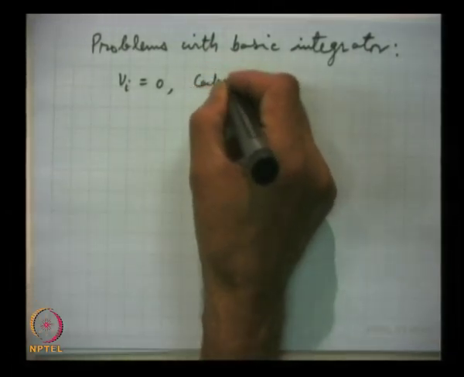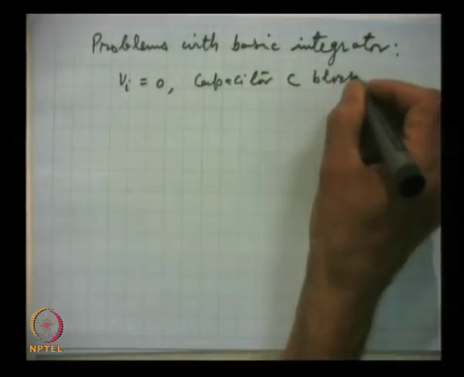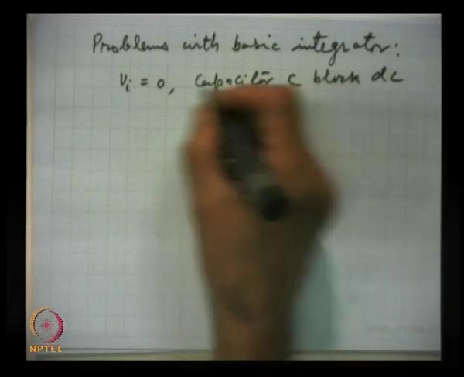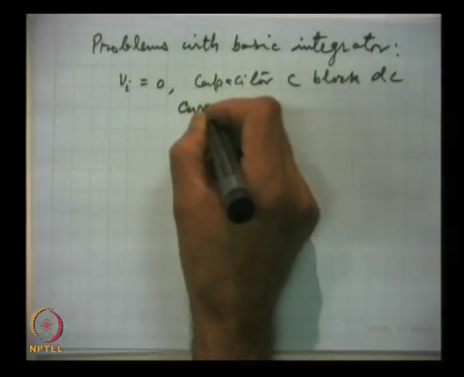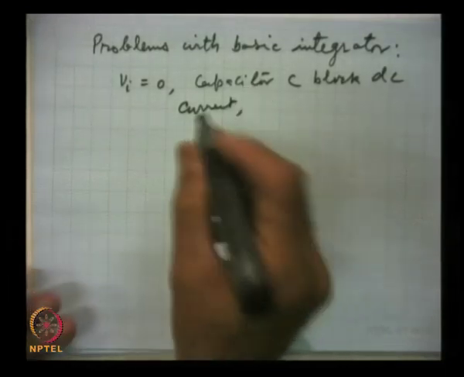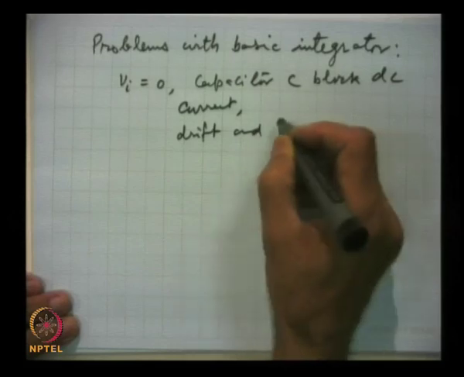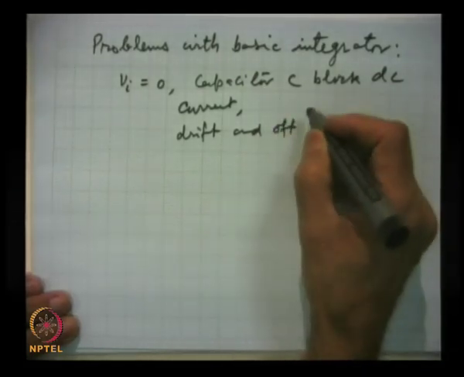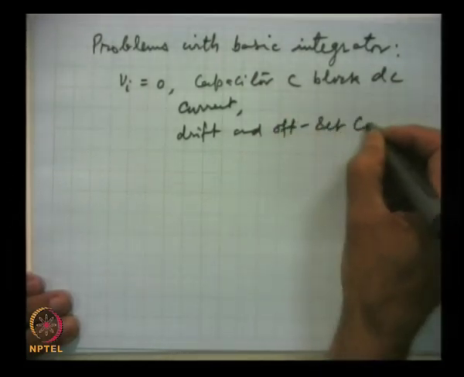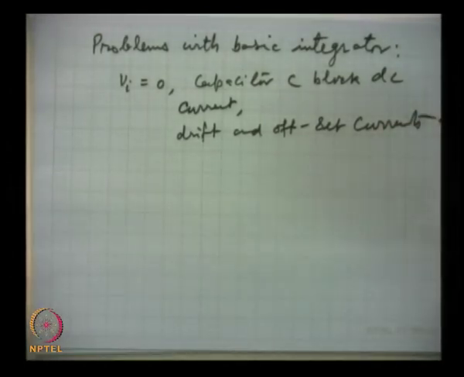capacitor C blocks DC current, and from where will these currents come? These are drift and offset currents.